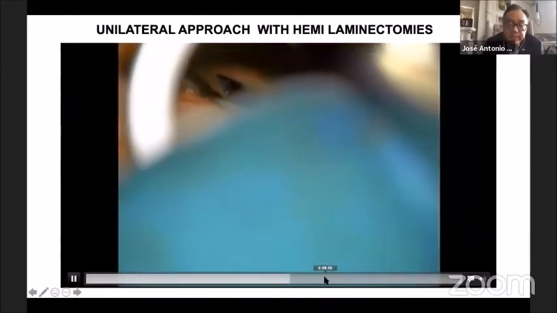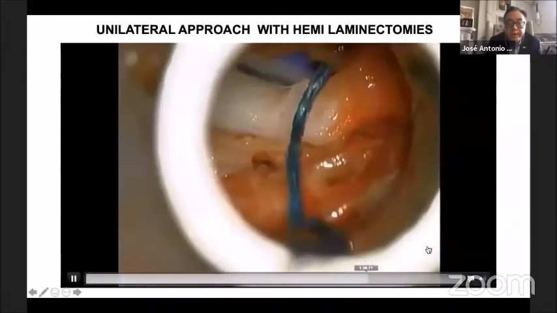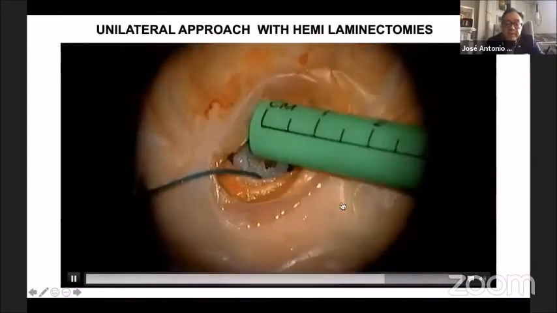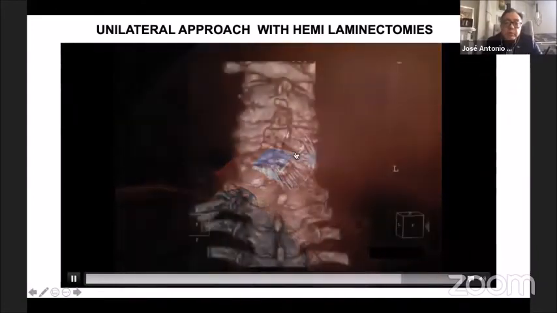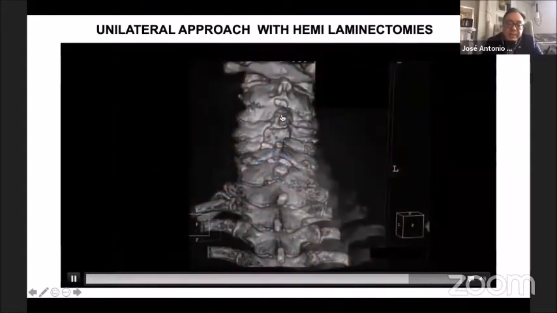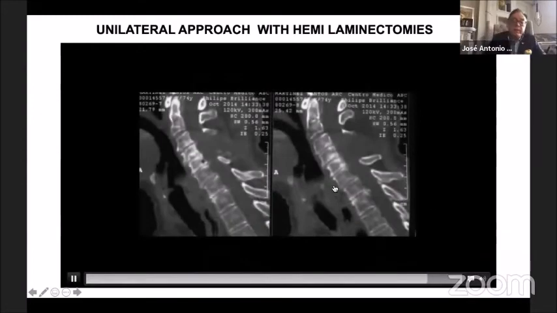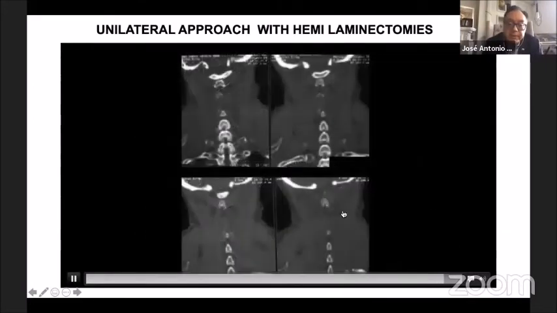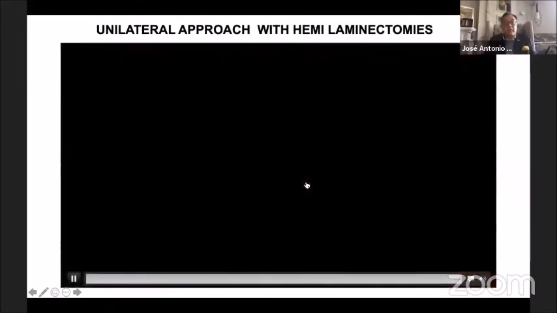We can achieve different laminae to complete a very wide compression, and at the end we can see perfectly how through the 2 centimeter incision we can make a hemilaminectomy and a very good decompression, mainly with a very good clinical evolution of the patients and with preservation of the muscle insertions and the lordosis.